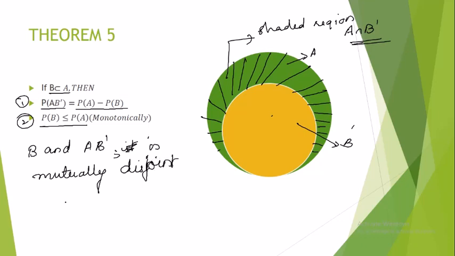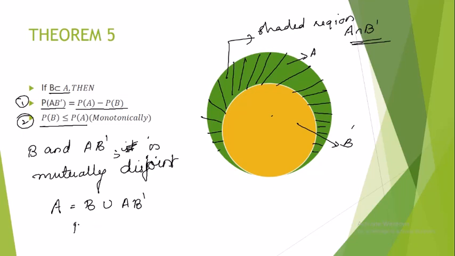Therefore you can write this as what? A is equal to, now the whole of this is A, right? So A is equal to B union AB complement. I hope this is fine with you.